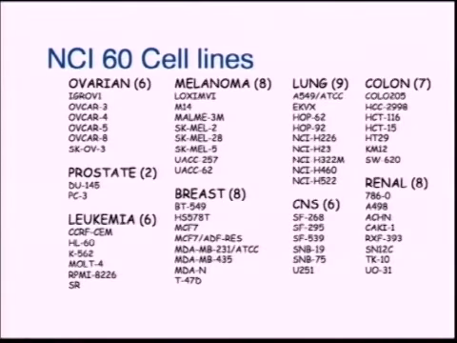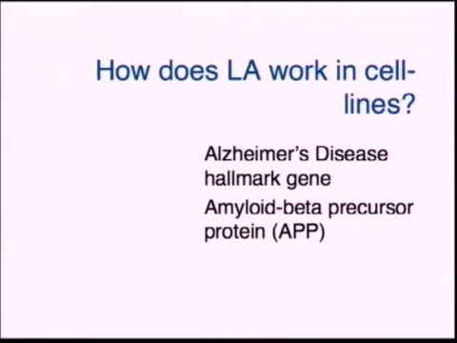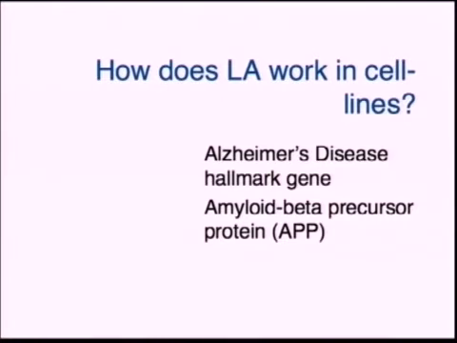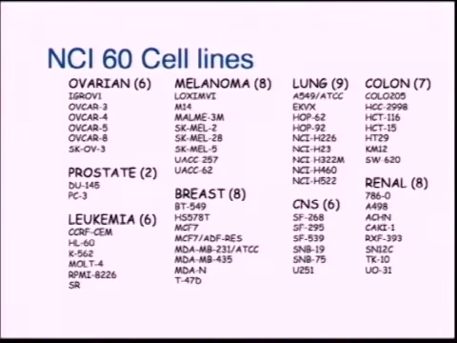Now, I would like to show you how this works amazingly in the cell line data. Well, NCI has developed a lot of cell lines just to study how the cancer cells behave.